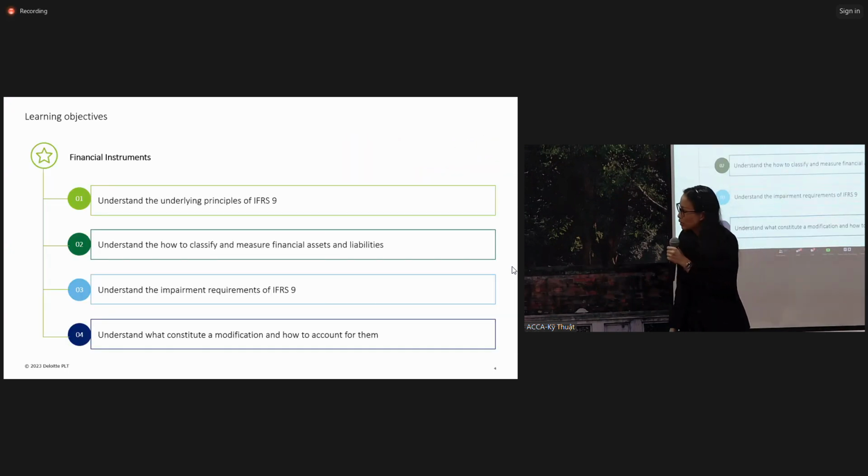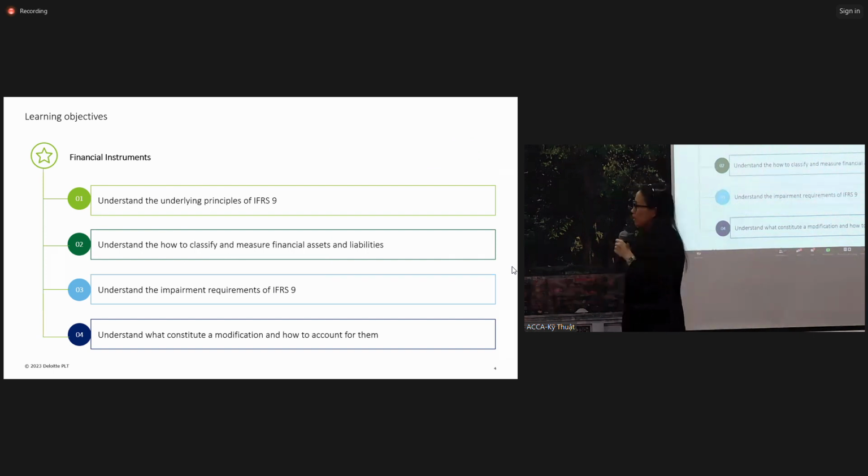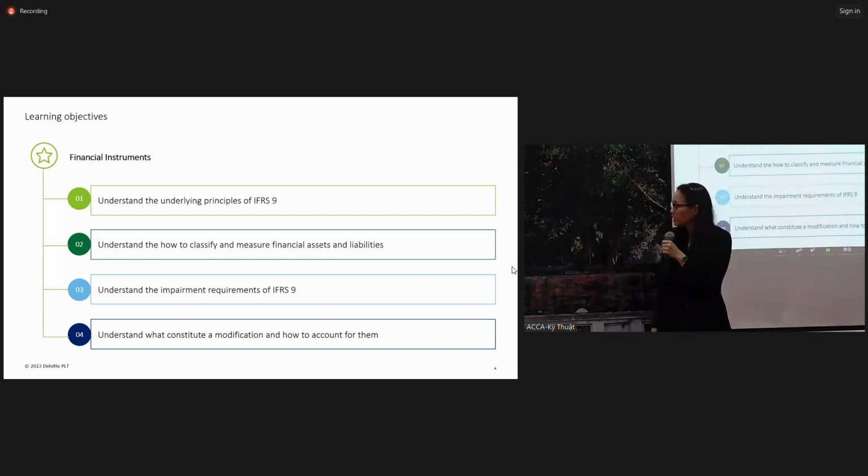So at the end of today, we will understand the basic underlying principles of IFRS 9 and how we classify and measure both financial assets and financial liabilities, understand the requirements of IFRS 9 for the impairment model for financial assets, and understand what constitutes a modification and how we account for it.